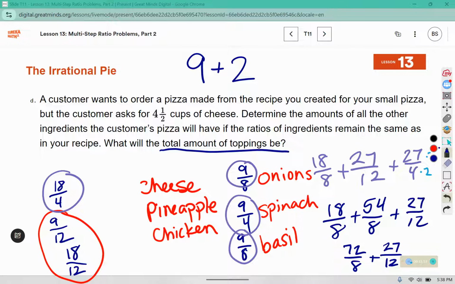And then to get from 24 to 27, 24, 25, 26, 27, that's an extra 3 twelfths. 9 plus 2 is 11. And 3 twelfths can be reduced to 1/4, or you can leave it as 3 twelfths. So there is 11 1/4 cups of toppings on this pizza. That is a lot of toppings.